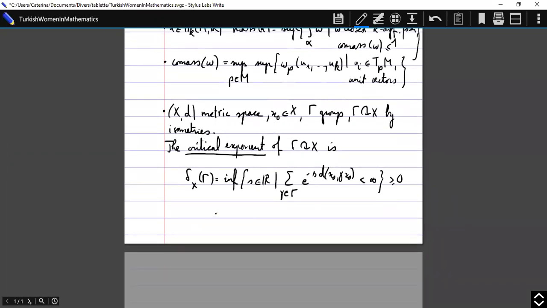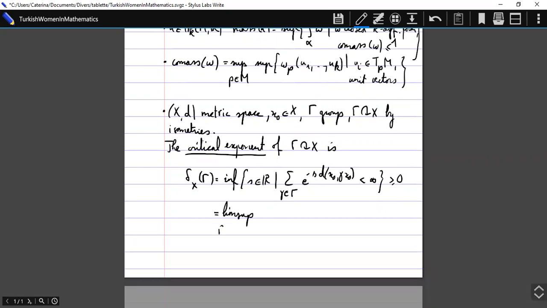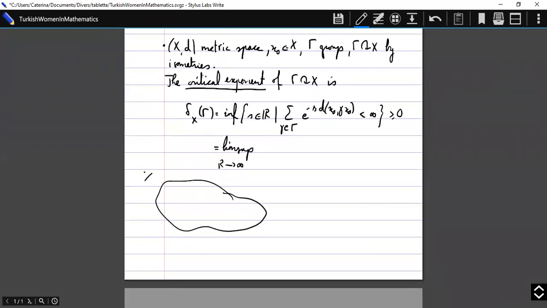And actually, there is a more geometric way to define it. Let me give it to you as well. Maybe you have seen this and not the other. So suppose this is your metric space X, and you have x0 here, and you look at its orbit under the gamma action. These dots are gamma x0, the orbit. And now choose some radius r and look at the ball of radius r around x0 in your space X. And now count how many points of the orbit are there inside this ball, and take the logarithm of this.